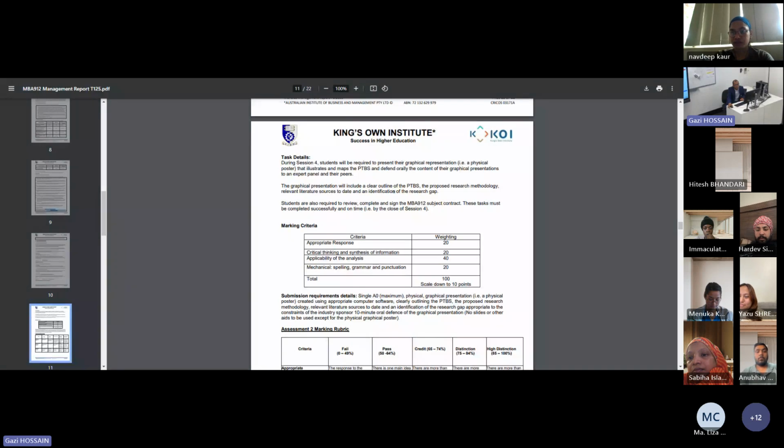Next, Prabjot Kaur, your research topic is success factors for market entry strategic of small and medium enterprises in emerging market. Success factors for market entry, not strategic, I think you meant strategies. Success factors for market entry strategy of small and medium enterprises in emerging markets.